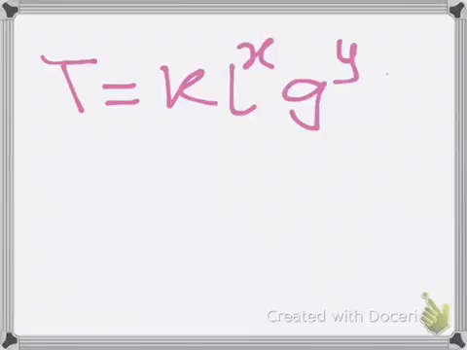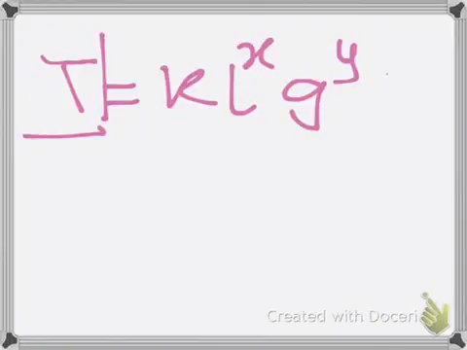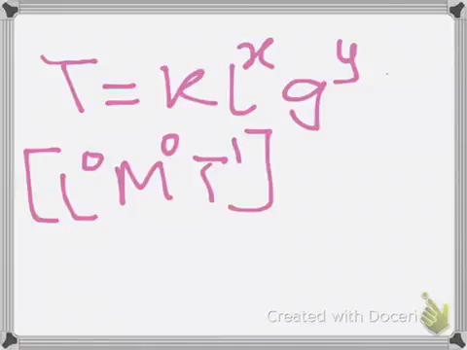Very simple. Now we know that in an equation, the dimensions of the two sides of physical quantities are always the same. So the dimensions of our left hand side, we just have time, so it's L0, M0, T1. Now the right hand side has to have the same dimensions. K is dimensionless.